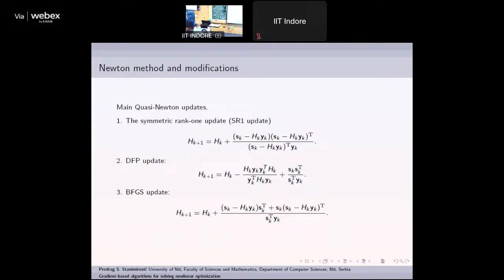Here is one popular symmetric rank 1 update, the SR1 update, defined in this way. This updating rule, the SR1 rule, uses a column vector and a row vector.